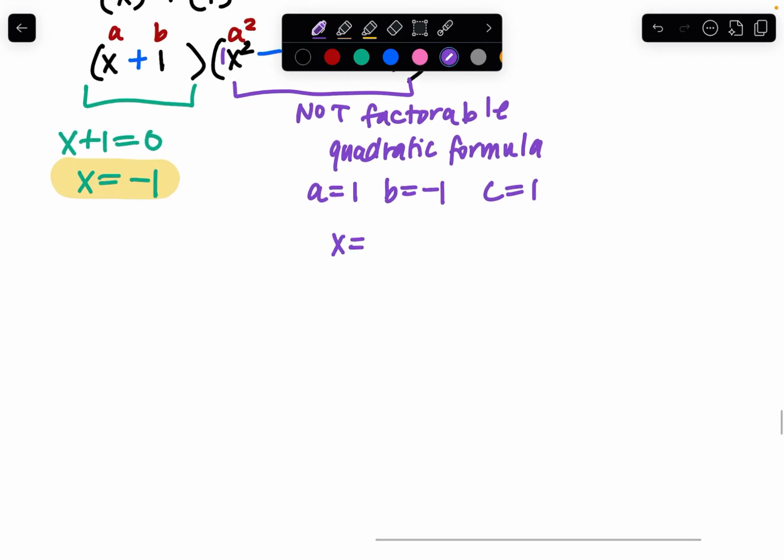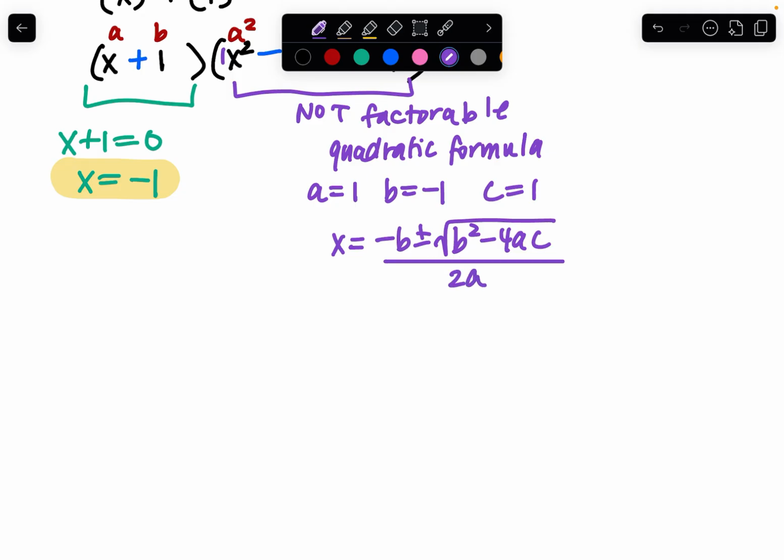So using our quadratic formula, negative b plus or minus the square root of b squared minus 4ac, all over 2a.